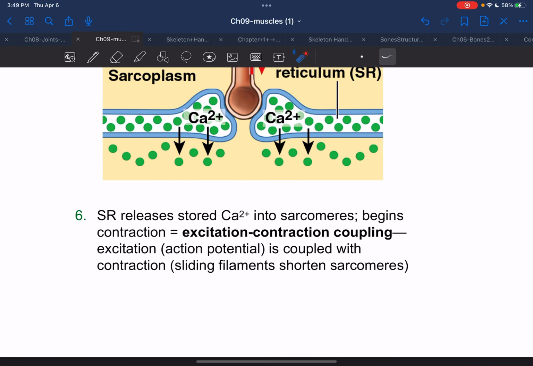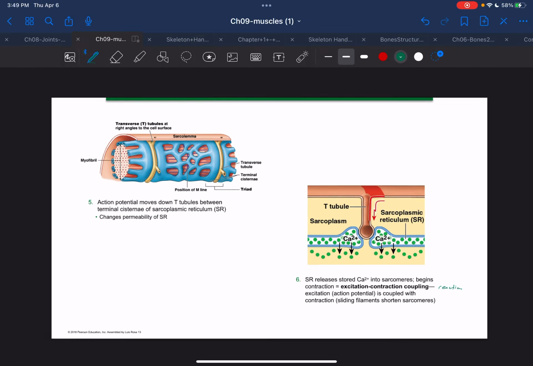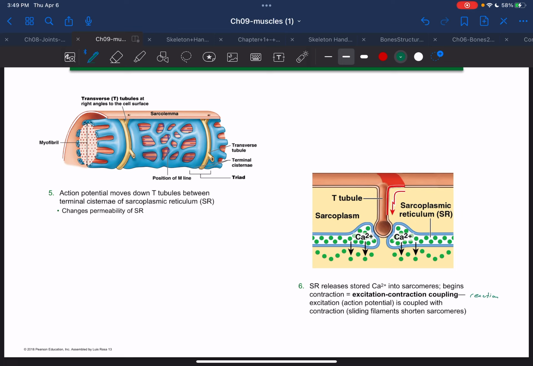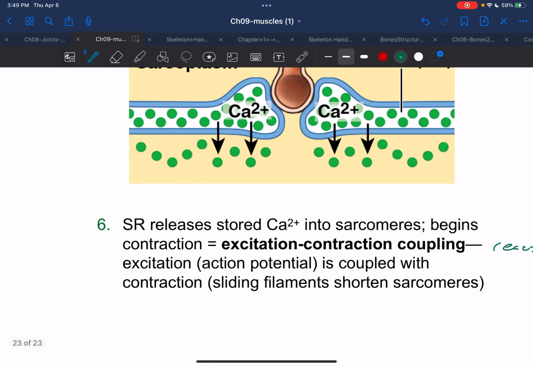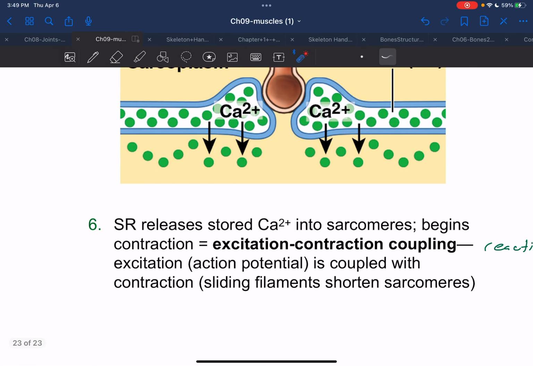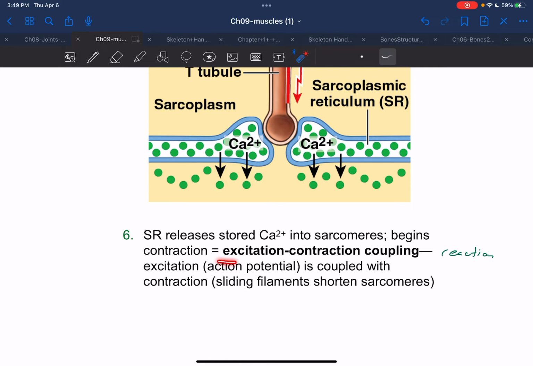I know that's a mouthful. All it means is the full story: everything from the action potential arriving at our muscle and then causing the filaments to slide, the sliding filament theory, all together. That's the entire story.